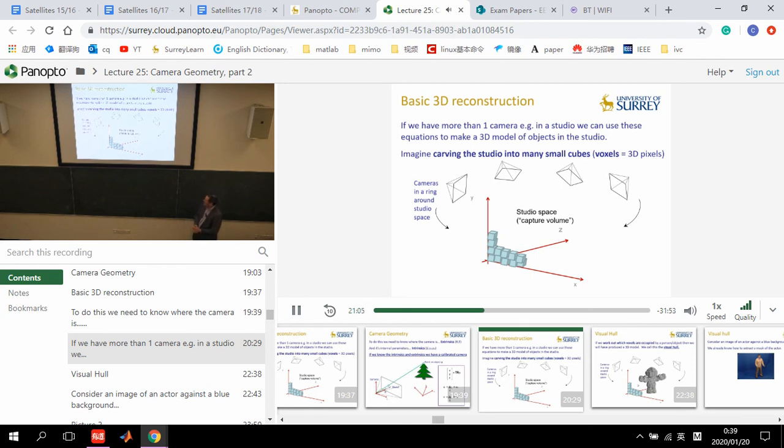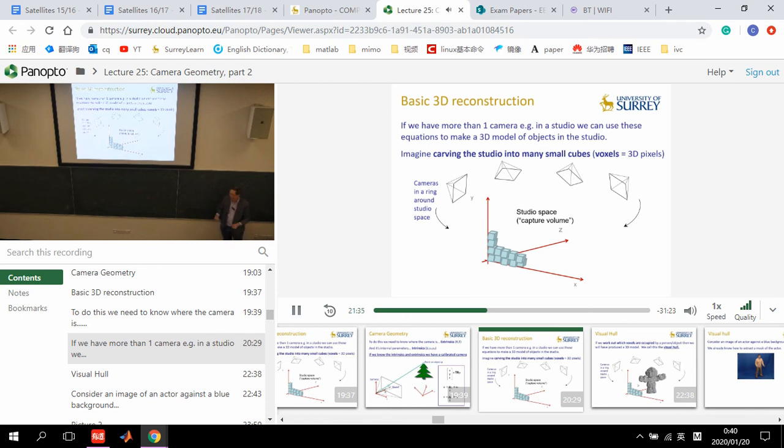The system basically involves a bunch of video cameras in a big circle around the perimeter of the studio, and they all point inwards and capture the same area of the studio. And basically the volume of three-dimensional space that they intersect, that all the cameras can see, is what we call the capture volume.